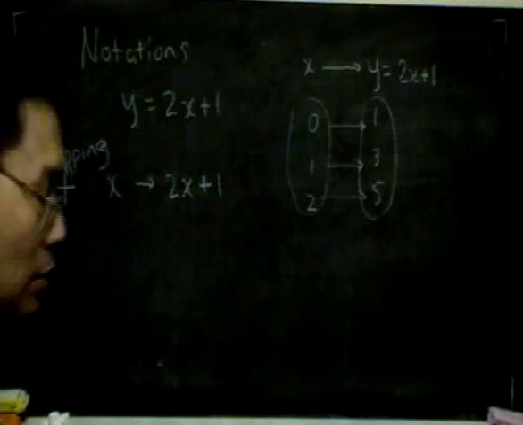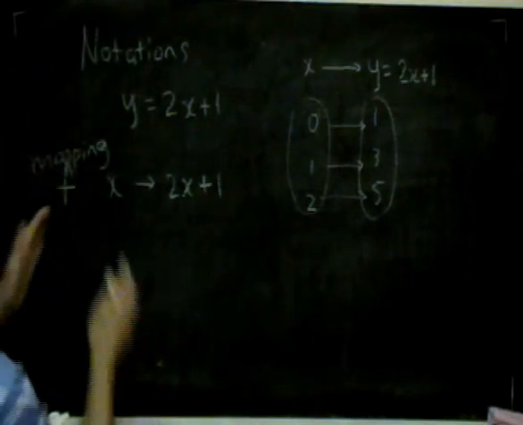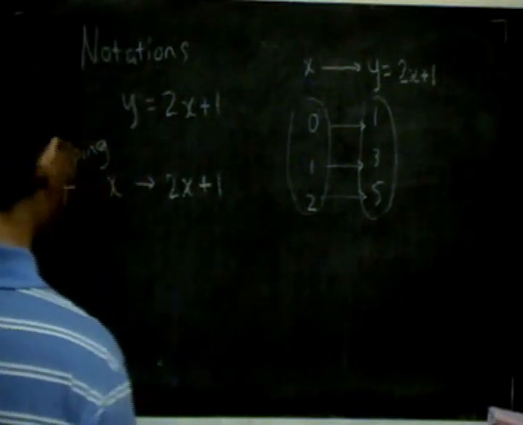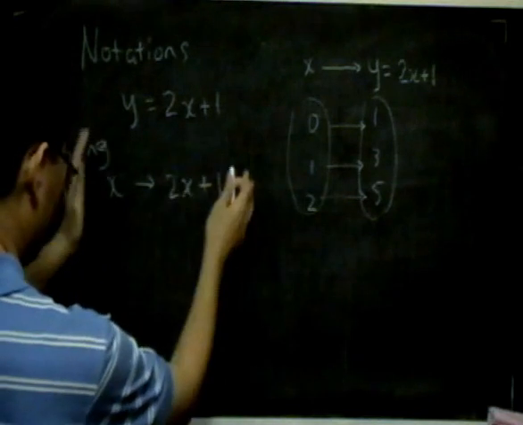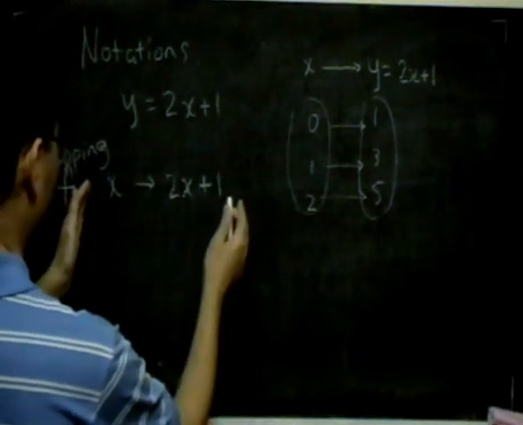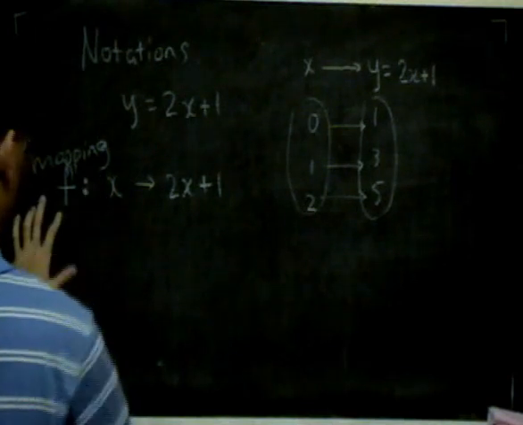Okay, and the way I would include this in this notation is by writing f next to this thing and putting a colon in between.